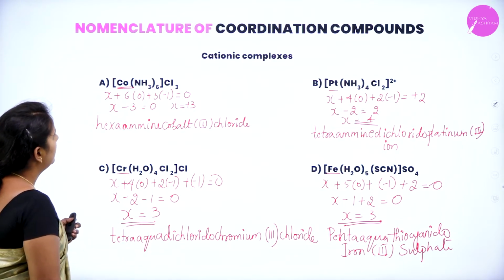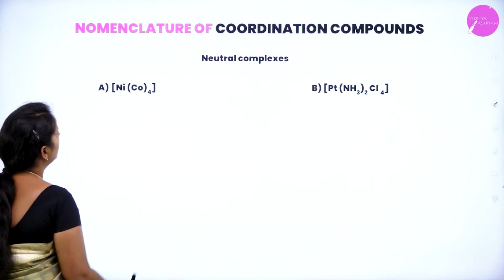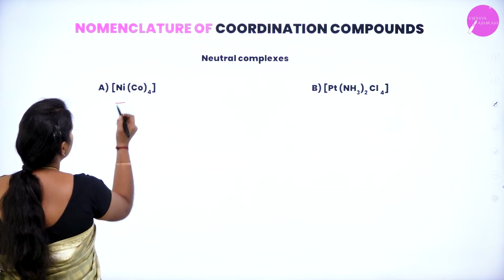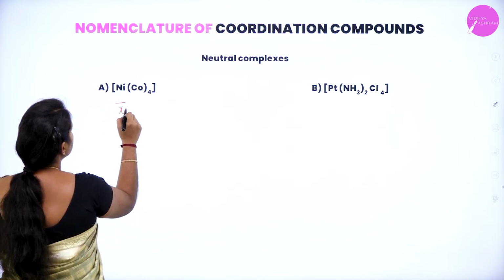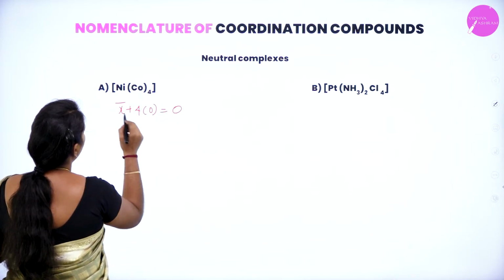Okay. Next we'll see some of the neutral complexes also, and the calculations for all these neutral ligands go like this. So it is X plus 4 into 0 is equal to 0.